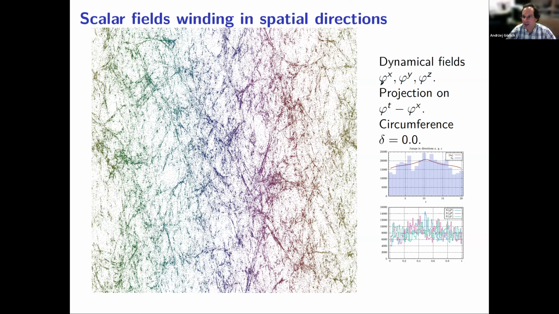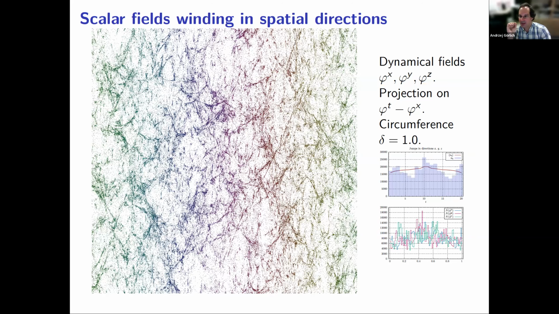So the triangulations themselves were generated using dynamical scalar fields, but the pictures here were generated using classical scalar fields, and we can project them on phi t and phi x. So this is when there's basically no scalar field. This is the de Sitter phase without scalar fields. This is with 3 scalar fields, and for each of them, the circumference is 1. So the jump parameter, the delta, is 1.